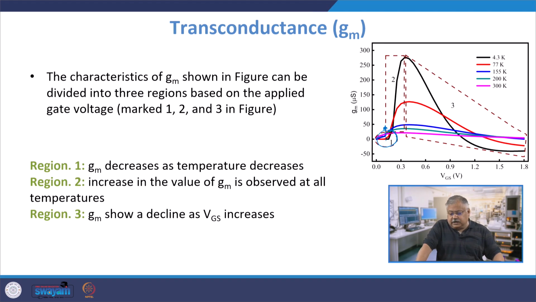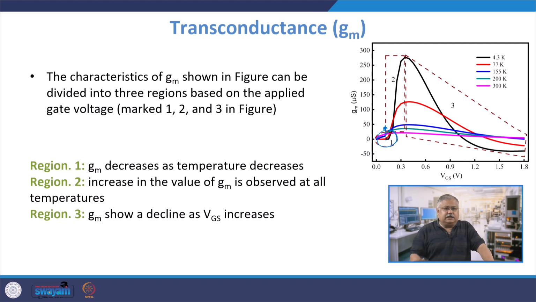However, as you start increasing the temperature, because of some electron hole pair generation and diffusion generated currents, even at subthreshold there is a very small amount of current available. So, GM actually decreases as temperature decreases in case of region 1. In region 2, it is the reverse. As the temperature goes on reducing, the GM goes on increasing.